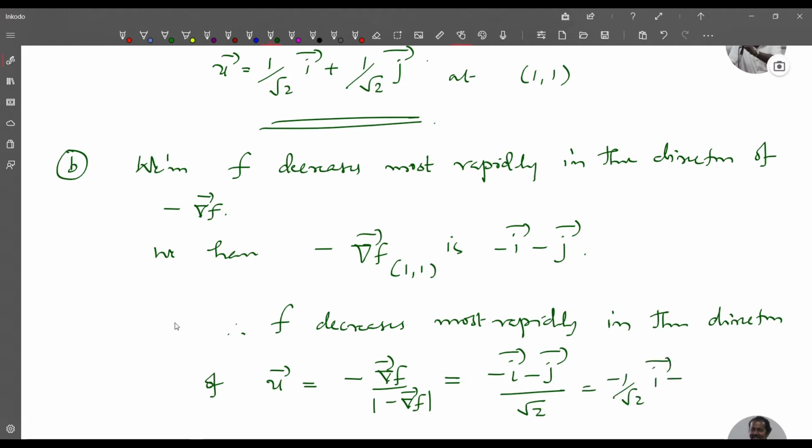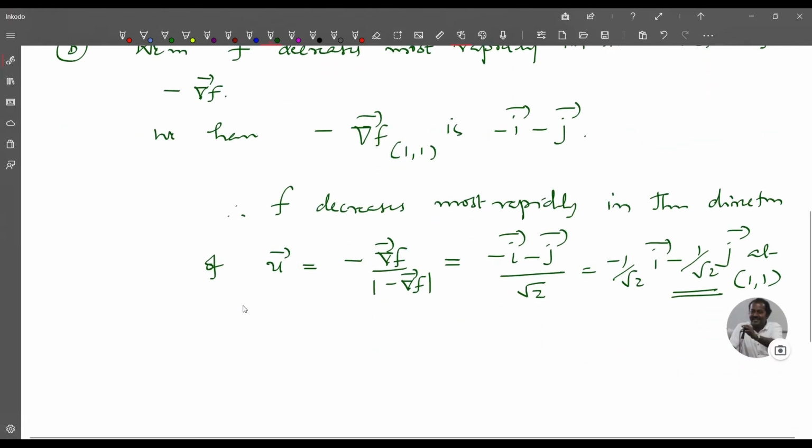So this is minus 1 by root 2 i minus 1 by root 2 j at (1,1). So f decreases most rapidly in the direction of u equal to minus 1 by root 2 i minus 1 by root 2 j at (1,1).